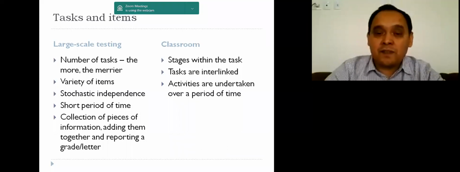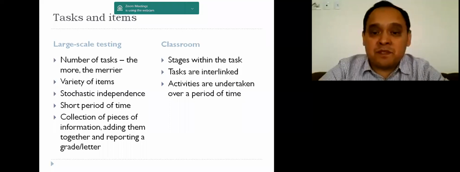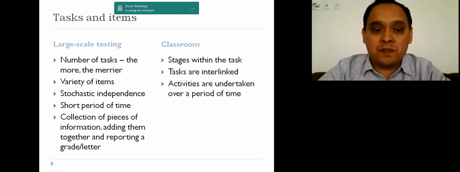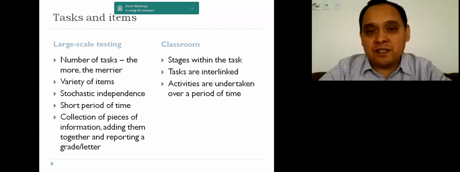And also, tasks are very much interlinked with each other in the classroom, which is very different from the stochastic independence principle in large-scale testing. The tasks are built on each other, and they are supposed to create an environment where learning is continuous and built on the learning that happened before.